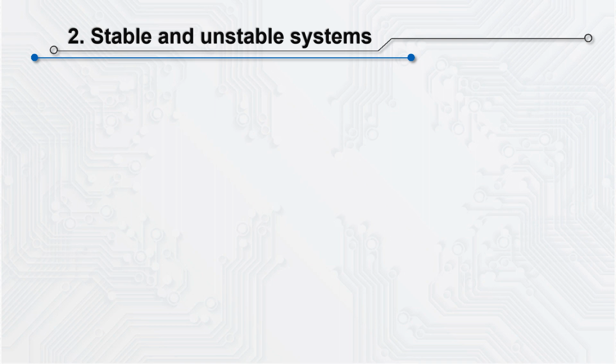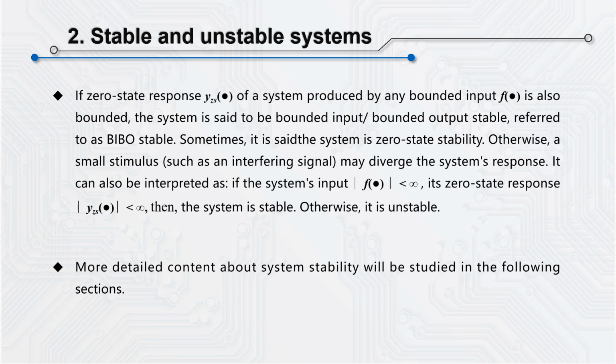Next, let's look at stable systems. If the stimulus or input of a system is bounded, and the zero-state response of the system is also bounded, then the system is said to be bounded input, bounded output stable, referred to as BIBO stable. Sometimes it is said that the system is zero-state stable. Otherwise, a small stimulus such as an interfering signal may diverge the system's response.